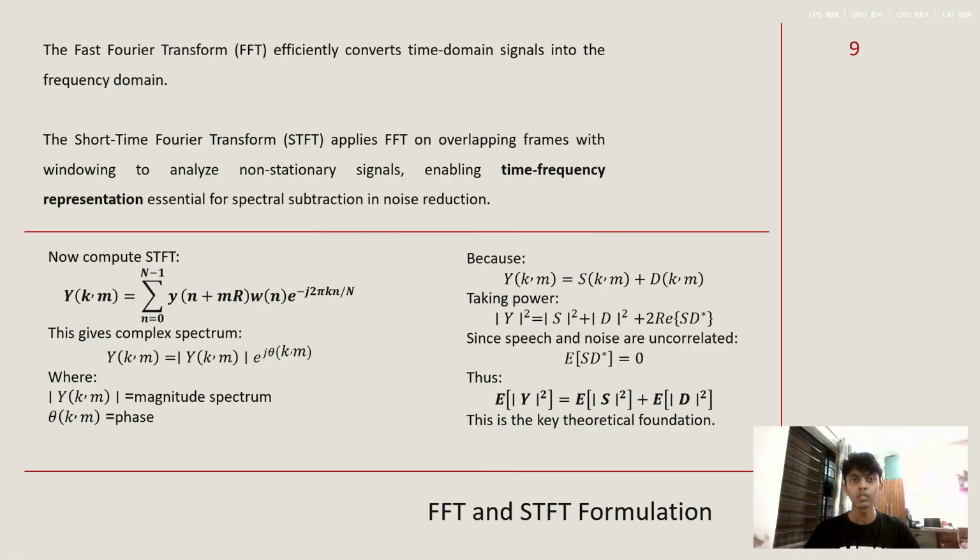Now, the one assumption we make during this process is that the speech and noise are not correlated, which gives us expectation of SD equals 0. So in this equation, the 2 real part of SD becomes 0 when we take expectation on both sides. Thus resulting in expectation of mod Y squared equals expectation of mod S squared plus expectation of mod D squared.